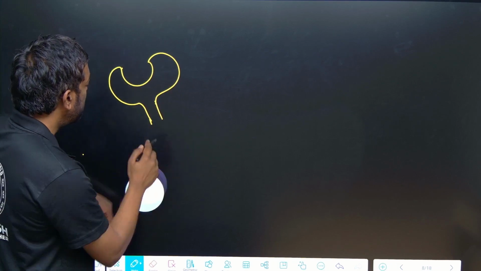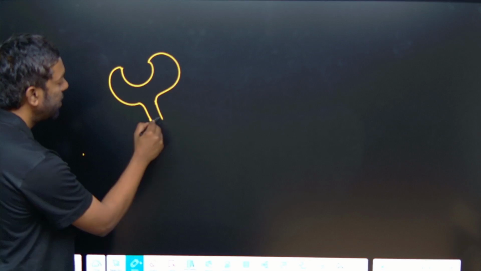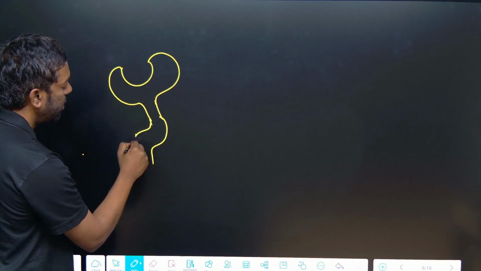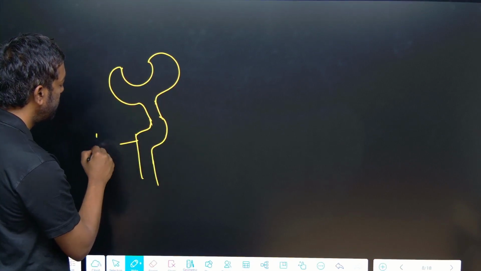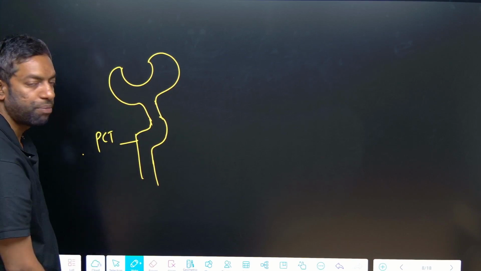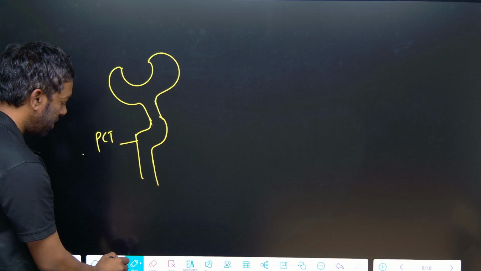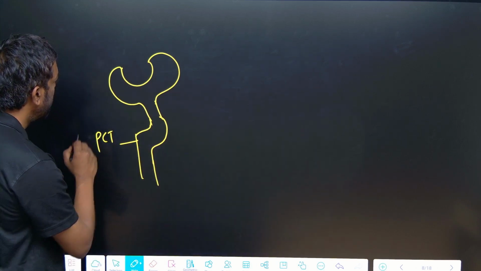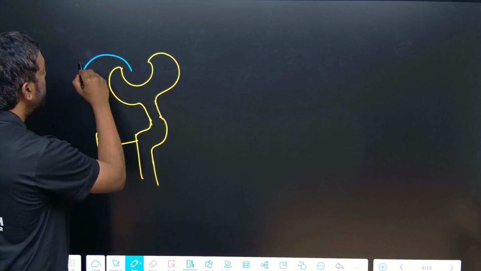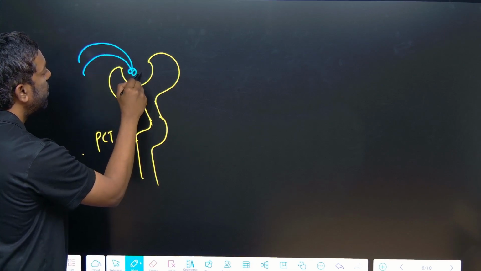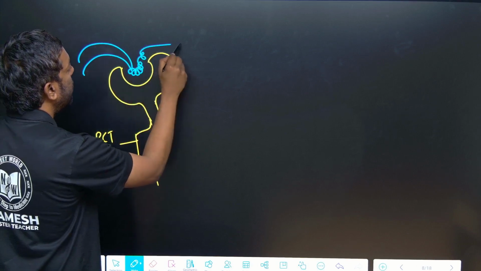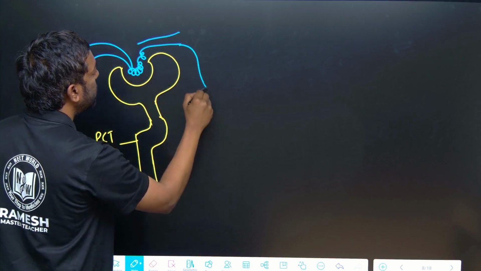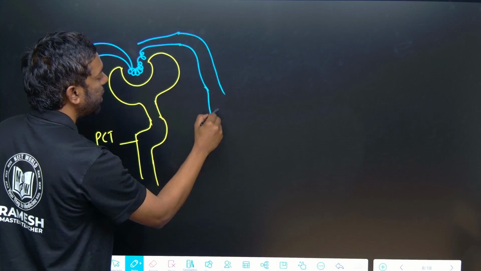In the Bowman's capsule, this region is the PCT. If the blood enters into this, this is the blood capillary.